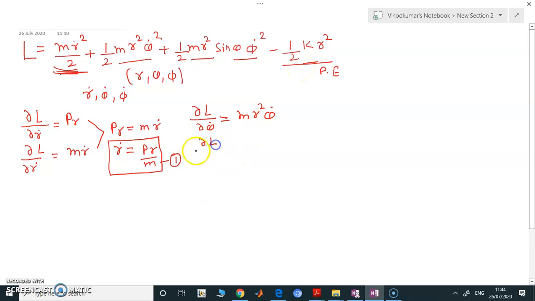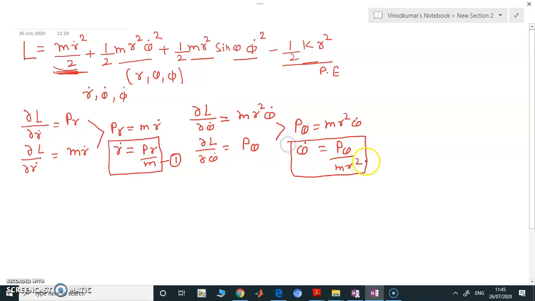We know dL by d theta dot is p theta. So from these two, p theta is equal to m r square theta dot. So our theta dot will be p theta upon m r square, right? This is also done. This is equation number 2.